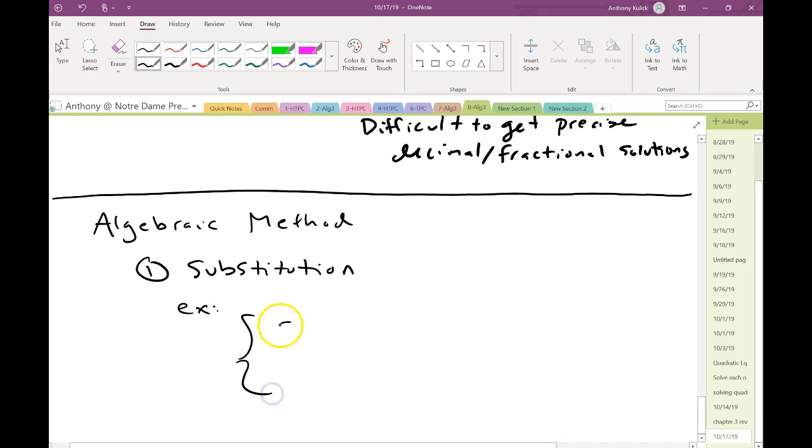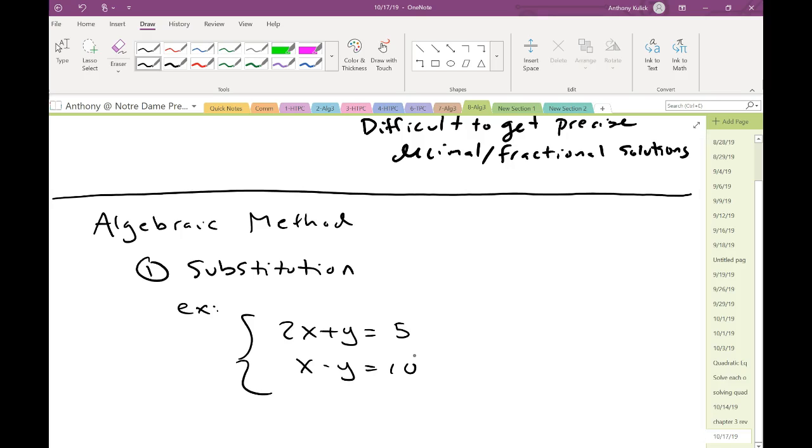So I'm going to return to this same system that we've looked at a couple of times as our example, and we're going to talk about how to solve this system by substitution.